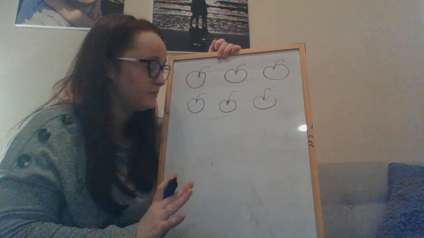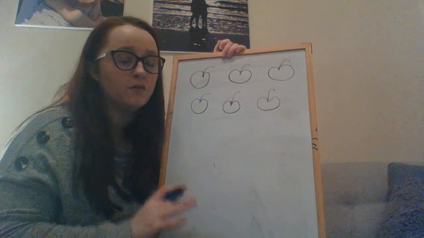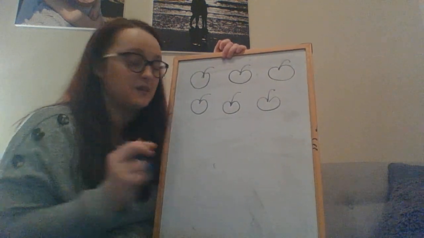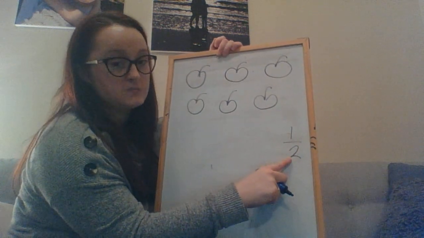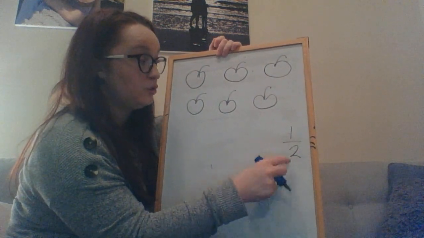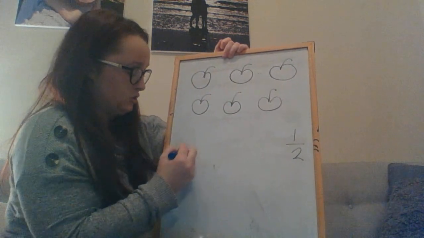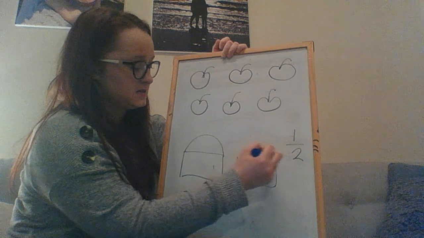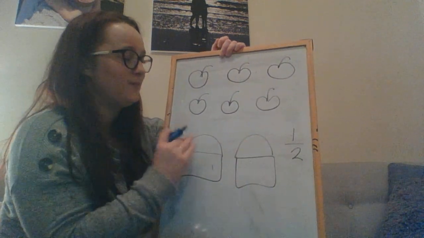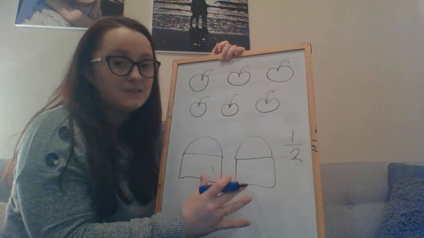And I'm going to split these apples into half by putting them into 2 baskets, because if we think of a half, we know that we are splitting between 2 because it's 2 parts to the whole. So I'm going to do my nice little fancy baskets. Here we are. Now let's split these apples into half.